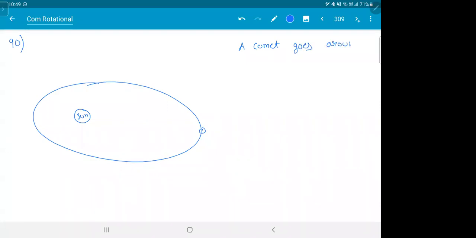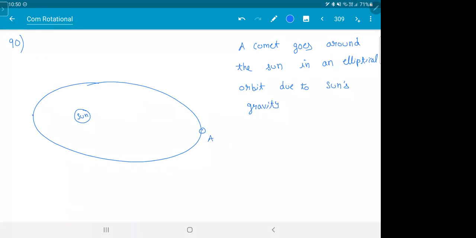We will do this again in gravitation. The comet goes around the sun in an elliptical orbit due to gravitational force, due to the sun's gravity.